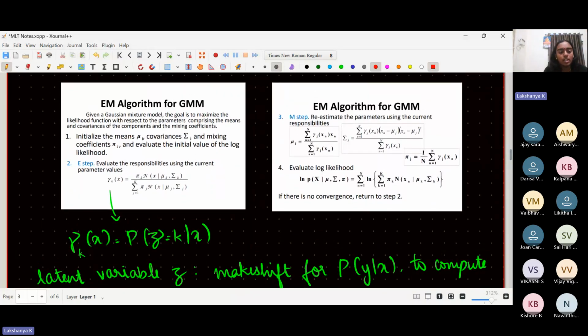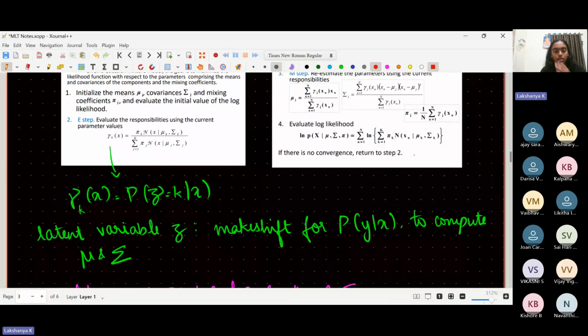Initially we start with random mu and sigma values, and you find the log likelihood. Now, before going for maximum likelihood estimation, we compute something called the responsibility. This responsibility, denoted gamma of x, is given by pi k into the normal distribution PDF.